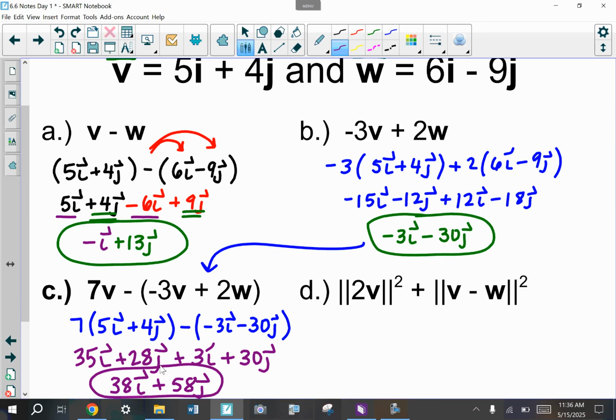Okay, looks like we're getting the same thing: 38i plus 58j is what we're looking at there.